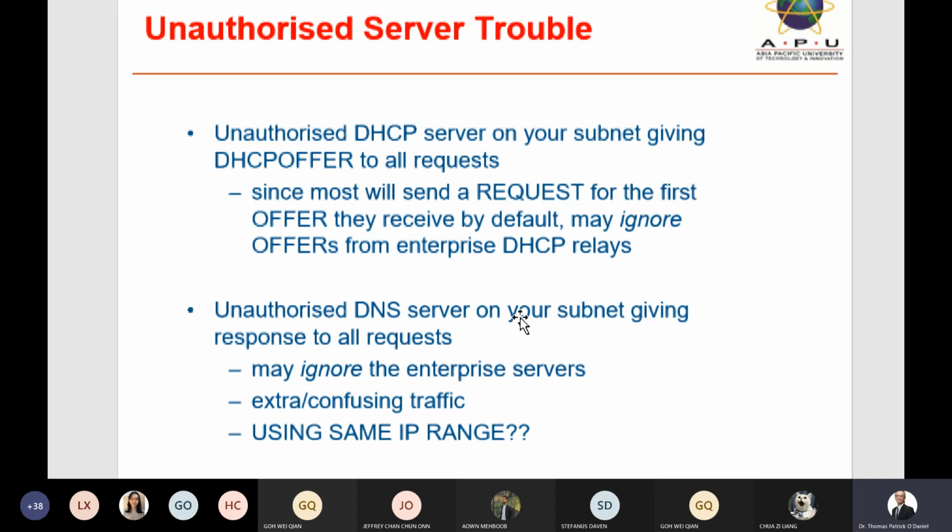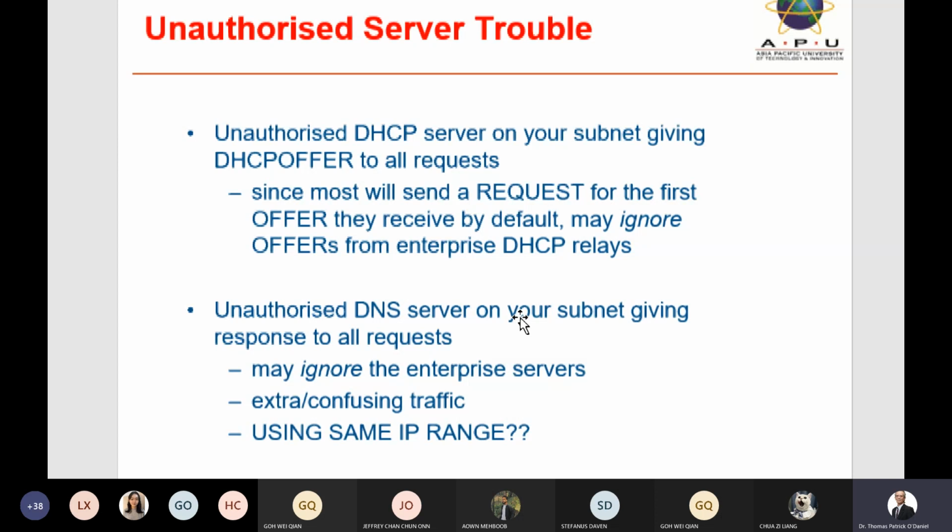All right? So what we want to do is ensure that we only have one DHCP server responding when people put out those request messages that say, hey, I'm here, somebody help me out and give me an IP address.